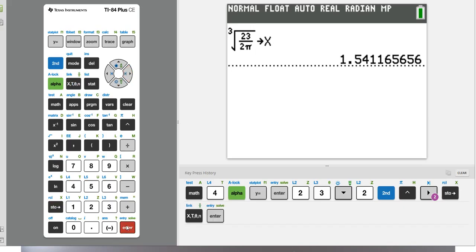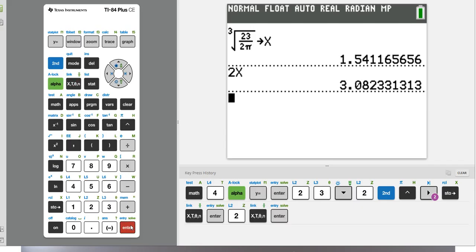That's my radius. So about 1.54. Okay. Now that means my diameter is 2 times that, so 2x. There's my diameter. So the diameter equals 2 times r, or in this case about 3.08. How am I going to figure out the height? How do you figure out the height?